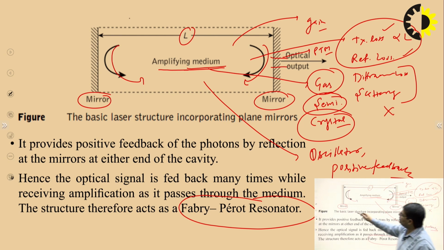We are using mirrors on both ends, so one of these two mirrors will be partially transparent. And when the gain inside the cavity balances out the losses, the light will come out through this partially transparent mirror as a monochromatic, focused and coherent beam of light.